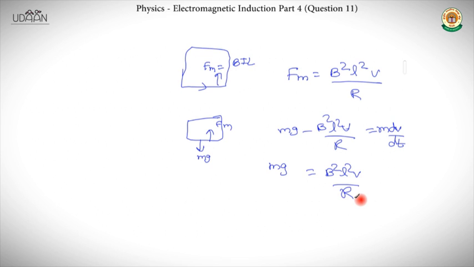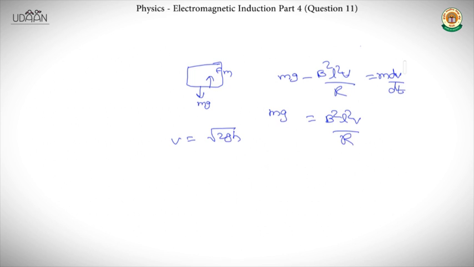When the loop is going to enter the magnetic field, the v would be root 2gh. So we are going to find the height for which the loop will just enter the magnetic field without any change in velocity. That's right. So if there should not be any change in velocity, this must be the condition.